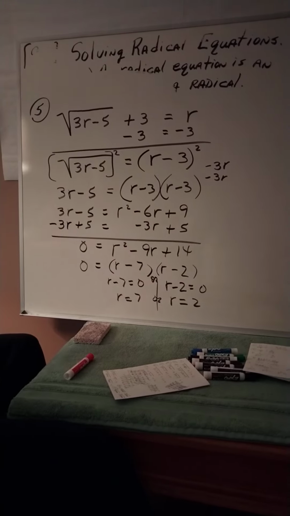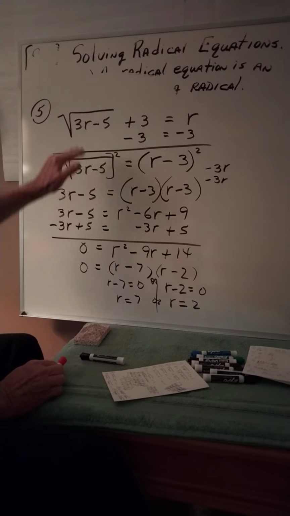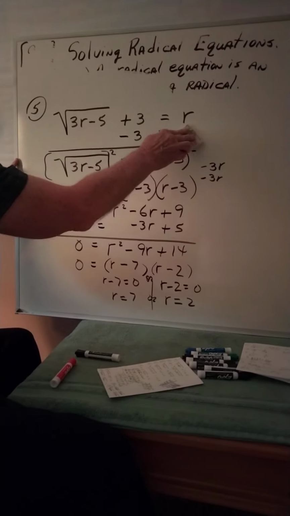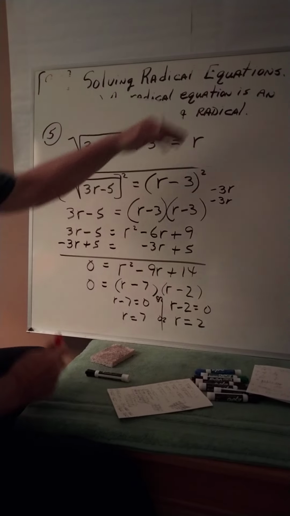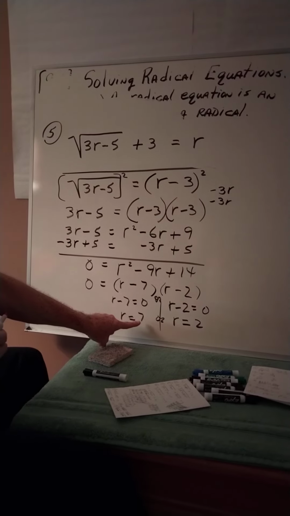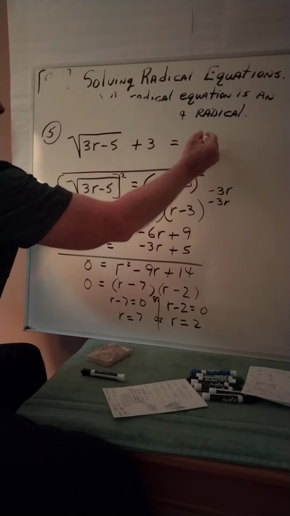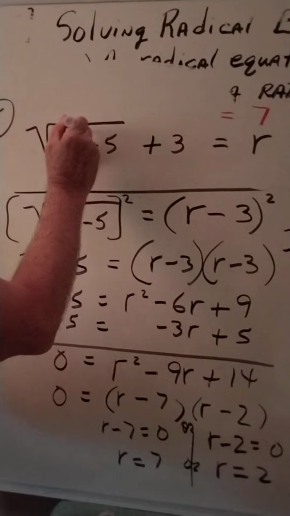But I'm circling nothing because we have to check. And we're going to check it into this original equation. Let me just kind of isolate it a bit. Here's the original. Let's try 7. Put a 7 here. And let's stick a 7 here.